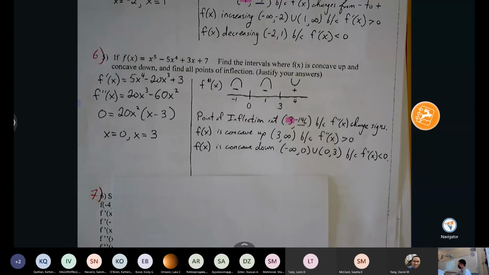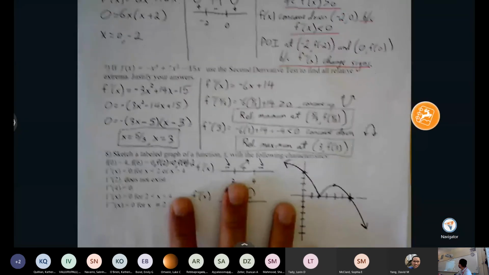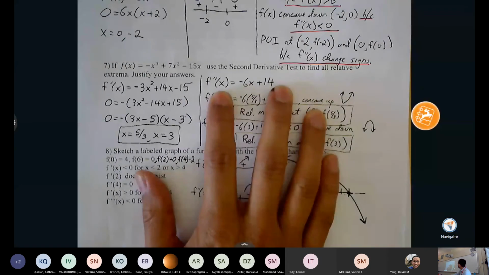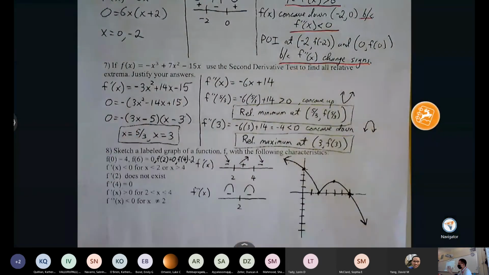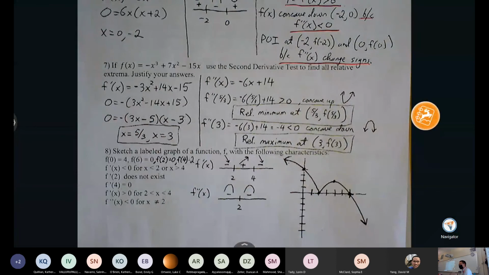The only thing that is left off of this worksheet that's going to be on your quiz is the second derivative test. That showed up on the second review worksheet. And remember, second derivative test is just you find f prime, so it feels like the first derivative test. You find f prime, you find the critical points from f prime, but rather than creating a sign line, you're going to dump those values into the second derivative function.